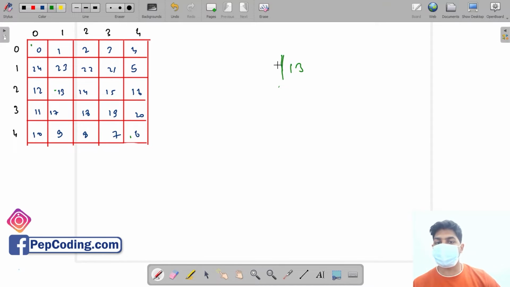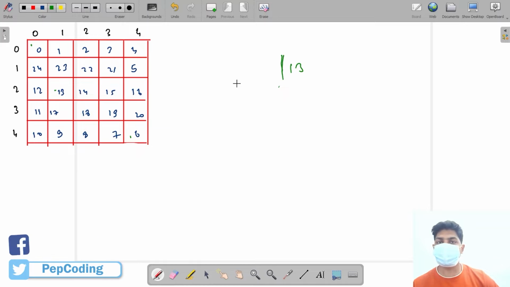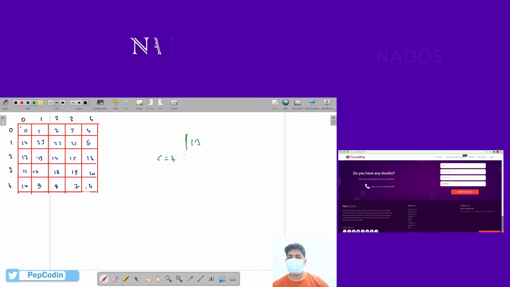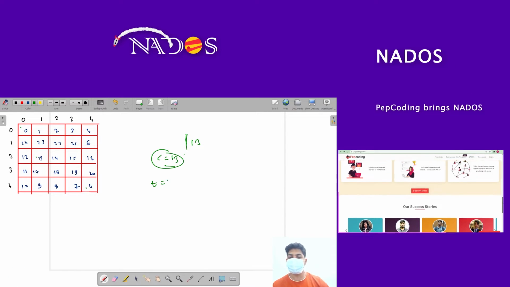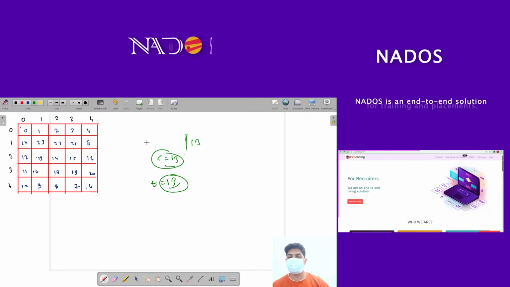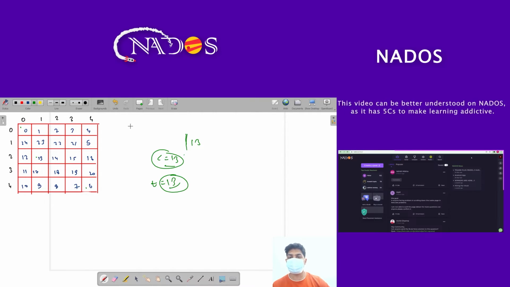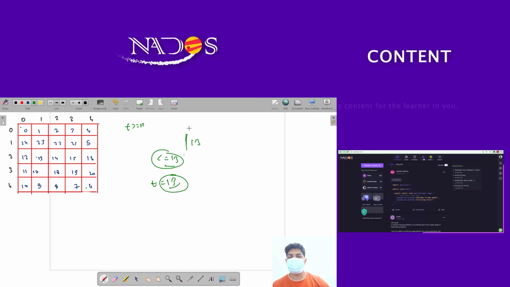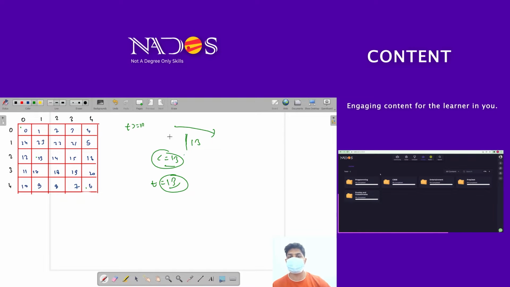So if your current level is less than or equal to 13, then you will have to wait for t equals 13 seconds. And if your current water level is greater than 13, then you can simply skip through this cell, meaning you can swim through this cell in 0 time. This is what it means.